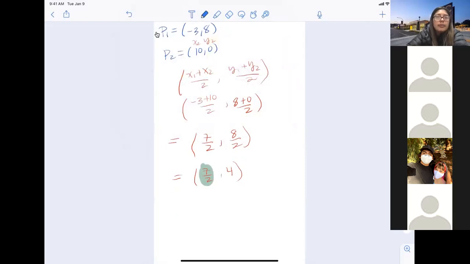Okay, next up, question 11. Question 11, we're still in chapter 2. I'm going to give you an equation and you must tell me the intercepts. Find the intercepts. What is the y-intercept?